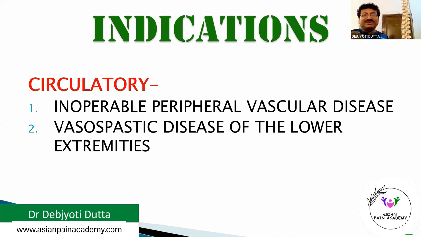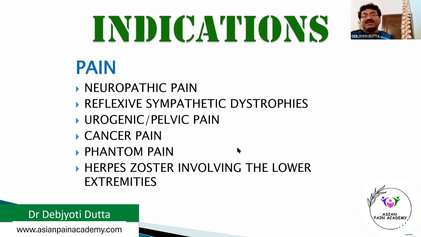So any disease which is the result of vasoconstriction, the block results in vasodilatation. Suppose a peripheral vascular disease: if you block it, the sympathetic will be blocked, and that will help in vasodilatation. So we can say the circulatory indications are inoperable peripheral vascular disease and vasospastic disease of the lower extremities, and the other one is pain.